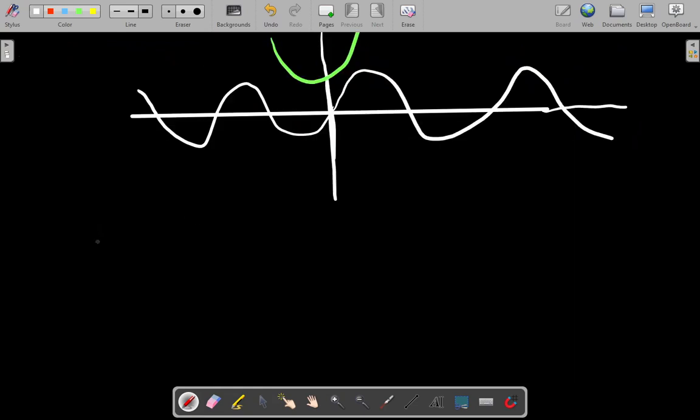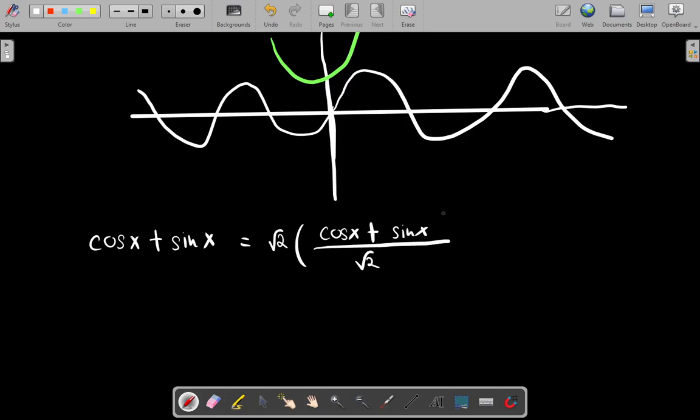So if I try to see each curve individually, this cos x plus sin x can be rewritten as, if I multiply and divide by root 2, root 2 times cos x plus sin x upon root 2. So I can split these terms, right? So this will become 1 by root 2 times cos x plus 1 by root 2 times sin x.